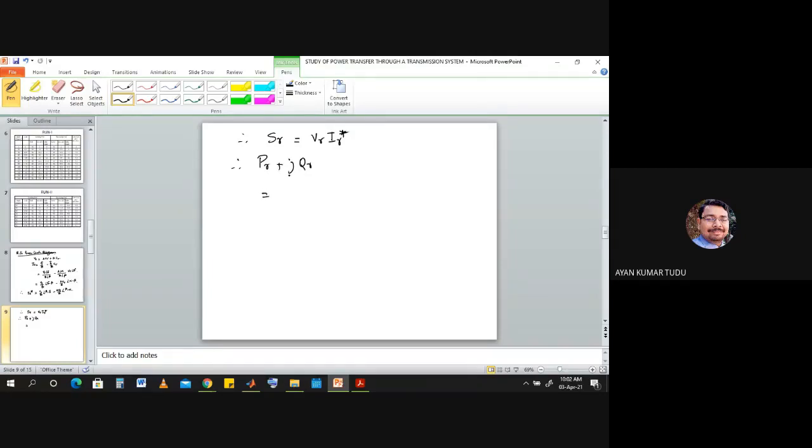So this SR, the complex power, can be written as PR plus JQR. So we can write Vs into VR by B angle beta minus delta minus A VR square by B angle beta minus alpha.